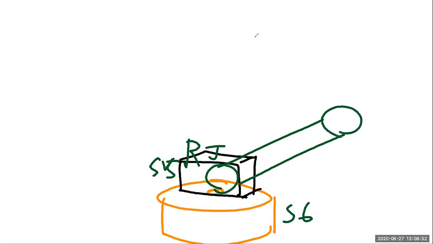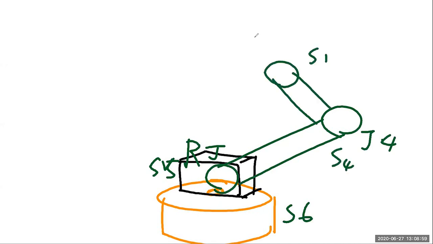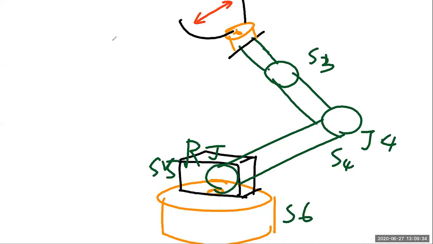And then you would have joint 4, the servo 4, and then servo 3. And then there is an arm over here, and that one has an end. And then there is a servo over here that does rotation. And then on top of it, you have your fingers, and the fingers can release or close.